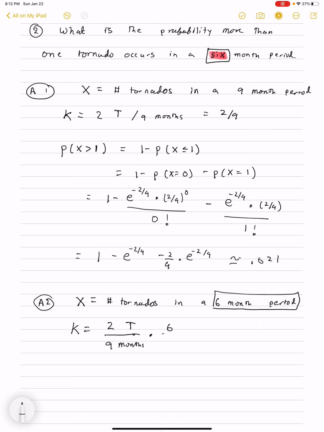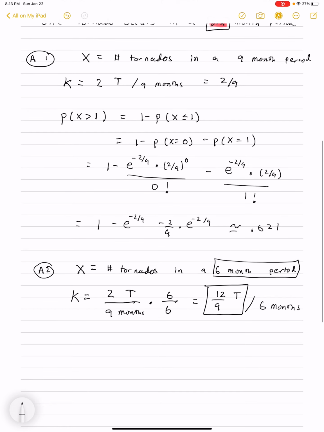I'm going to multiply by 6 over 6. Now, I'm going to view this as 12 ninths of a tornado divided by 6 months. All I did was some simple algebra here, and I needed to multiply by the unitless quantity 6 over 6. The quantity that I'm looking at for k is 12 ninths now, and that's how it's changed.